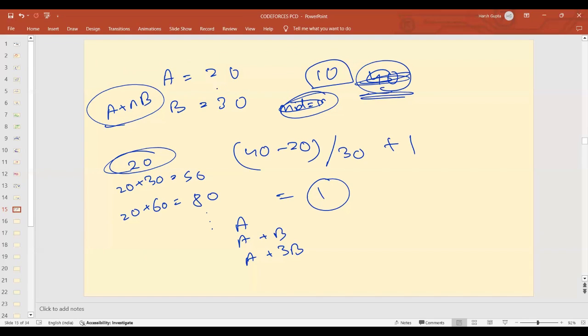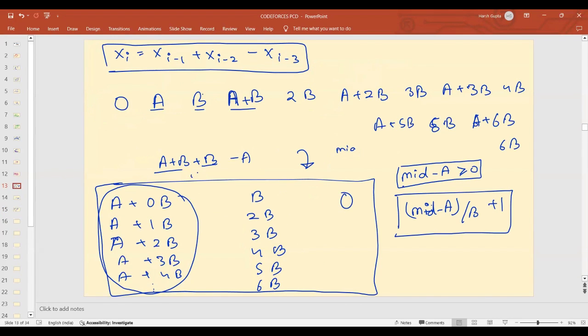Since my mid is lesser than A, no numbers of these types will exist. So only if mid minus A is greater than or equal to 0, the count of numbers of this type is (mid minus A) by B plus 1. Is this clear to everyone? Yes.